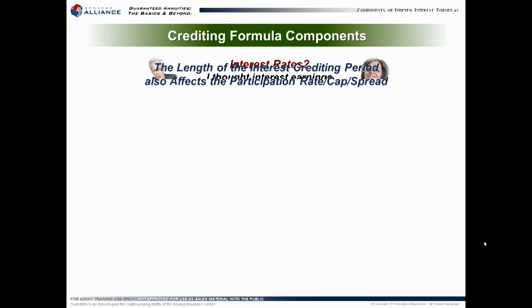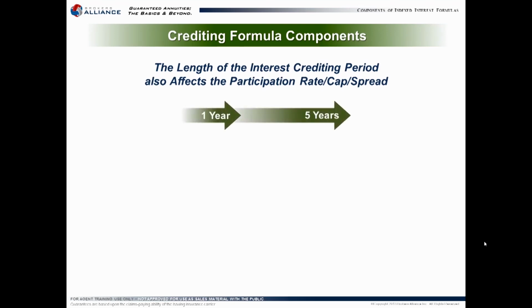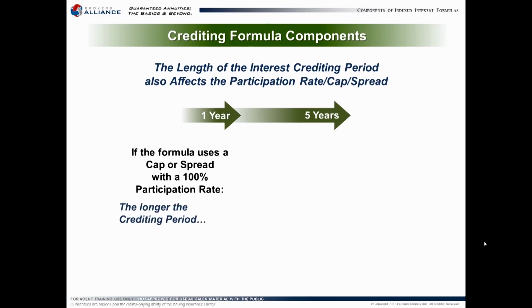The other thing that can affect what a particular participation rate or cap or spread is just simply the length of the crediting period. Again, crediting periods are typically 1 year, but they can be 2 or even 5 years or even 10 years. So as a general rule, if the formula uses a cap or a spread with 100% participation rate, we can say the longer the crediting period, the higher that cap's going to be, or the lower the spread will be.